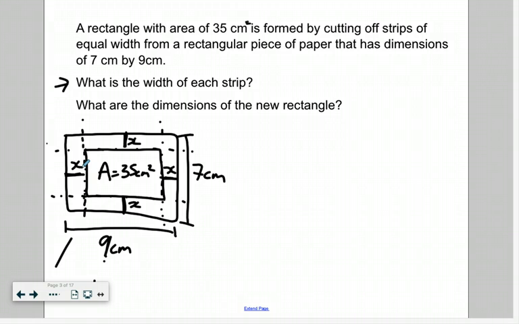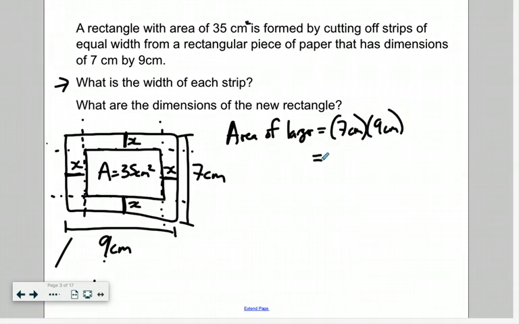Okay? So now is the part where we actually have to try and develop a quadratic here. So we actually know the area of our larger rectangle. The area of the larger rectangle is just length times width, and we've been given those dimensions of 7 centimeters by 9 centimeters. So we know that it has a value of 63 centimeters squared.